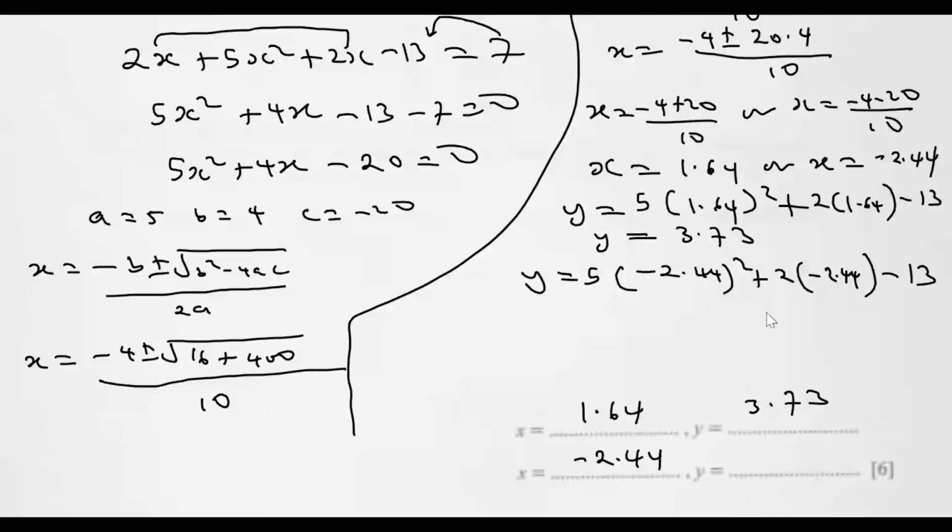If you do this as well, we get the value of y to be 11.89. So that means when x equals negative 2.44, y equals 11.89. So that's the value I'll get there.